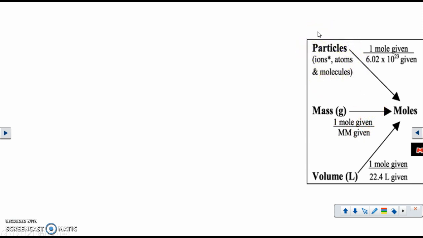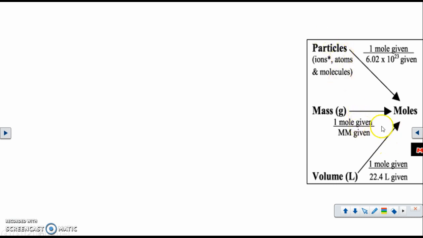So if you look at your table of elements, you should be able to find the element nitrogen here, hydrogen. And if you can see on that actual periodic table, the standard atomic weight of hydrogen is 1.007 grams.